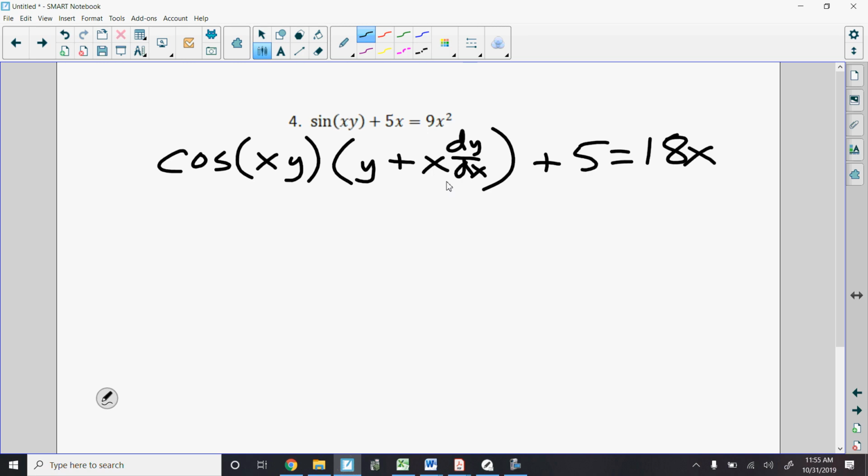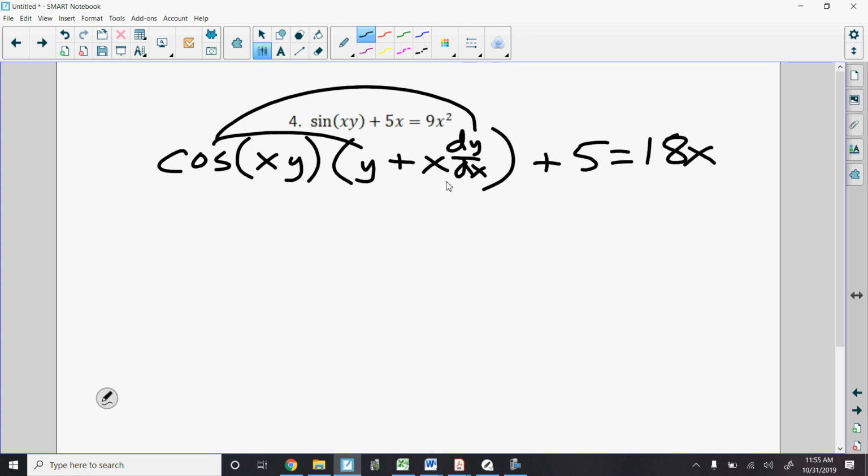Okay, now we have some choices here on how we want to get dy dx by itself. Okay, my preferred method here was to distribute that cosine of xy. So I'm going to distribute that in and multiply to both of these. And when I write this, please know that the y from the y plus x dy dx, that y and the y in cosine of xy cannot combine.